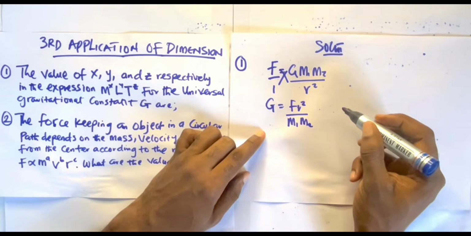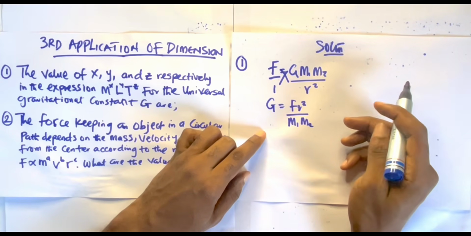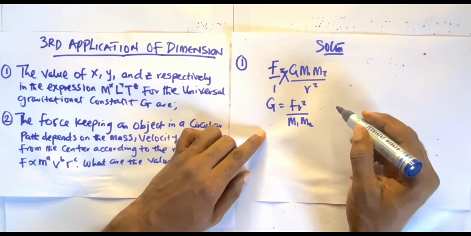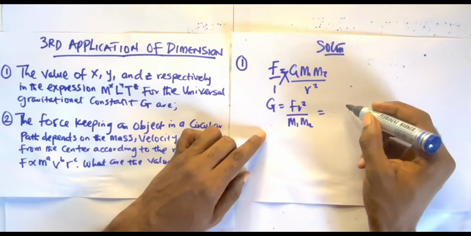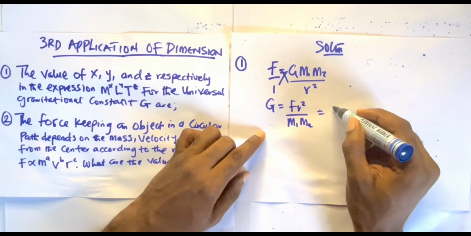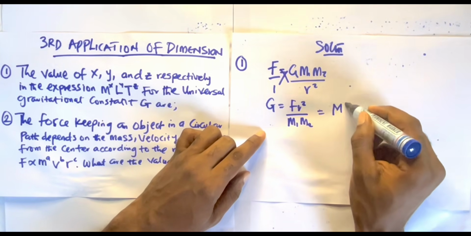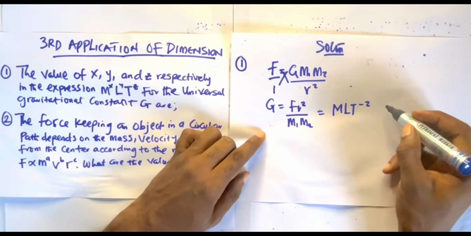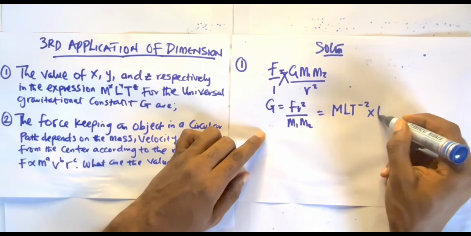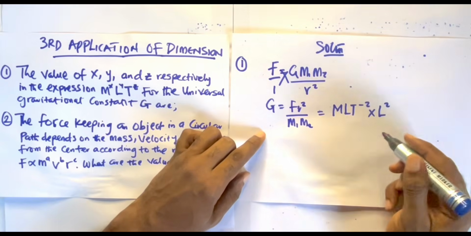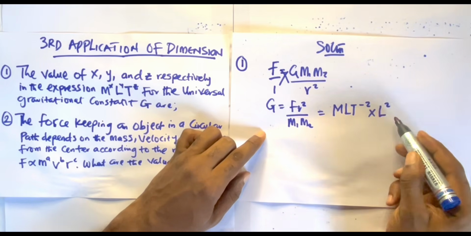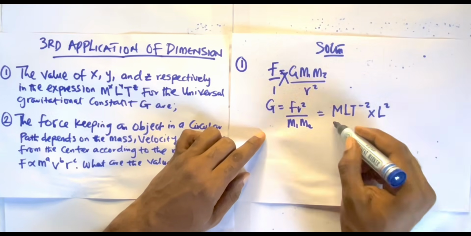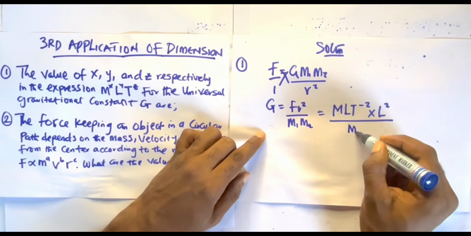Now the next thing we do, we find the value of x, y, and z when we are having MLT. So let's solve for this, and we'll have MLT minus 2. Remember, that's the dimension of force, times L squared, radius, so it's measured in meter, which is L squared, divided by M squared.